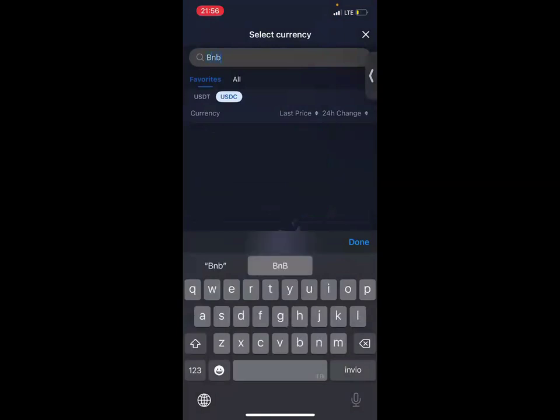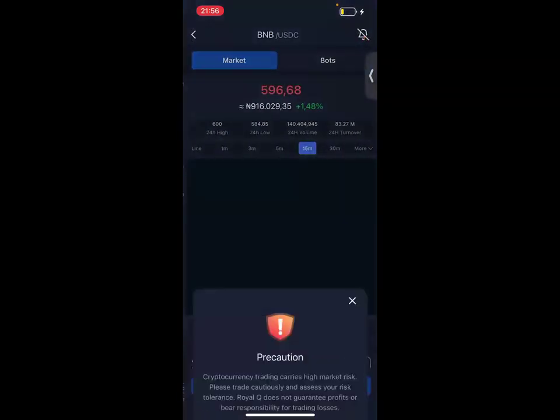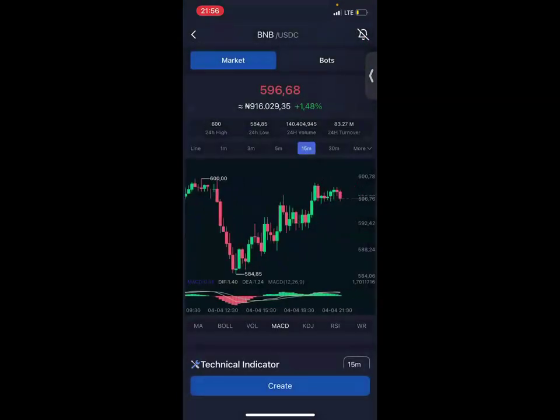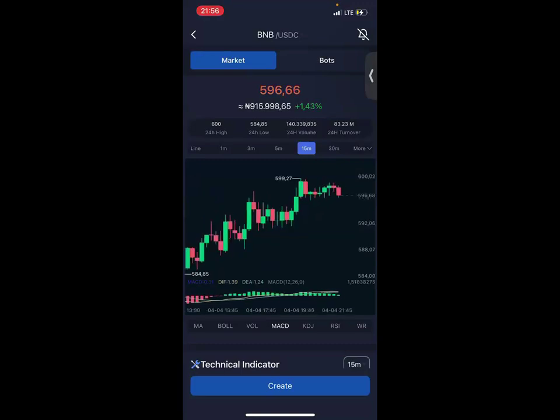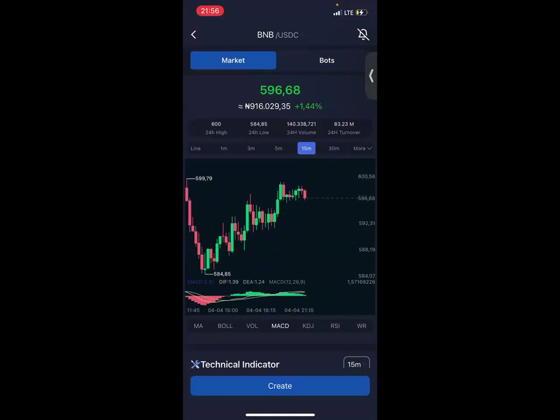BNB also is showing an upward momentum. There was a little cross, but there's not that much movement upward.